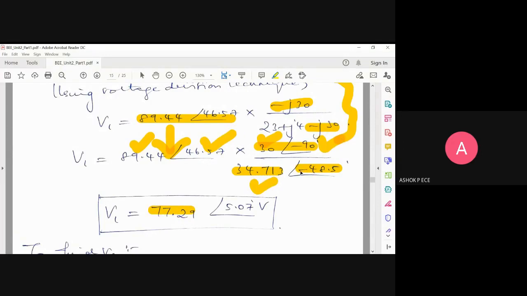Division is subtraction. Already you have a minus sign here. The minus of minus will become plus. So 46.57 minus 90 plus 48.5. So the angle will be 5.07 degree volt. So this is going to be the value of V1 using Thevenin's theorem.